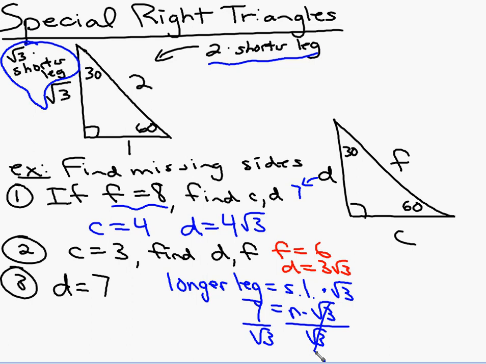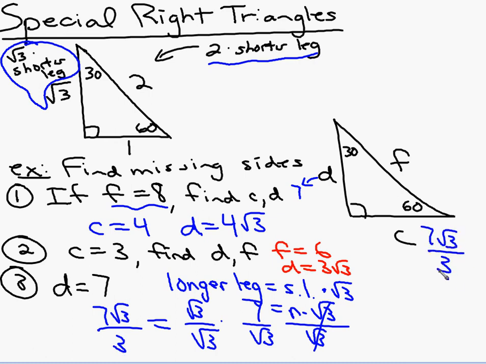But we don't like leaving radicals in the denominator, so we're going to rationalize this thing. I'm going to multiply the top and bottom by radical 3, and the final answer for the shorter leg is 7 radical 3 over 3.